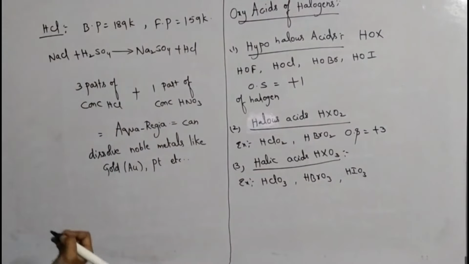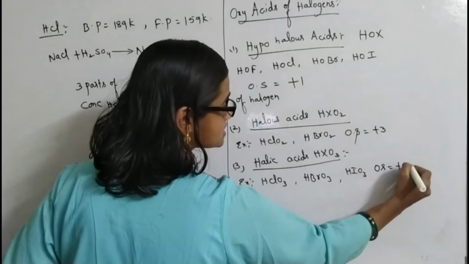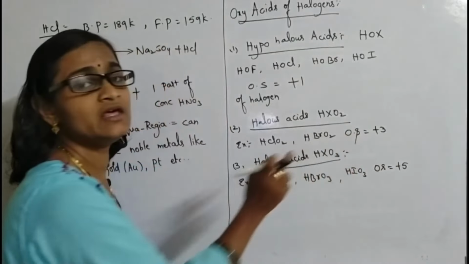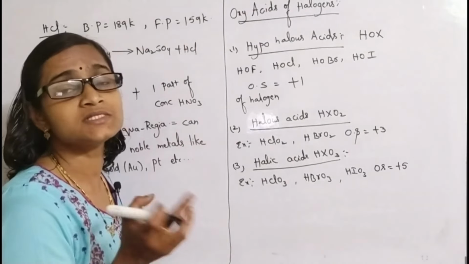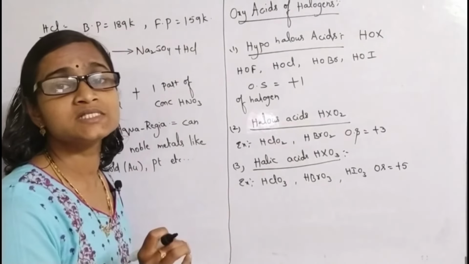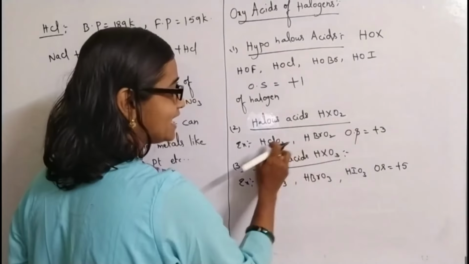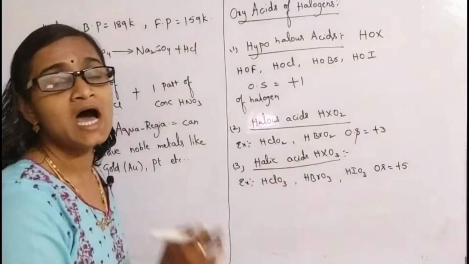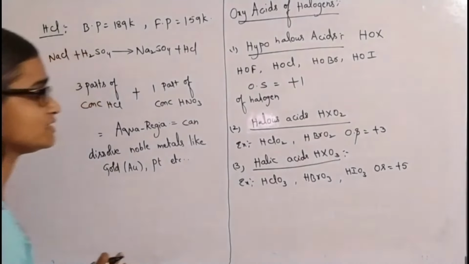In all these compounds, the oxidation state of the halogen is +5. Halic is +5 and halous is +3; "ous" is for less and "ic" is for more oxidation state. Please remember that point.